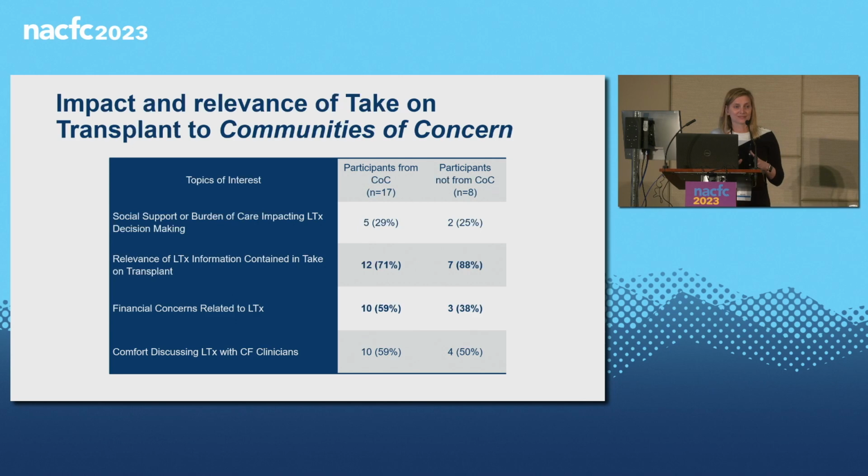So we hypothesize that the participants from these communities of concern may place greater importance on financial concerns or concerns about having adequate social support or being a burden on their caregivers when making decisions about transplant.